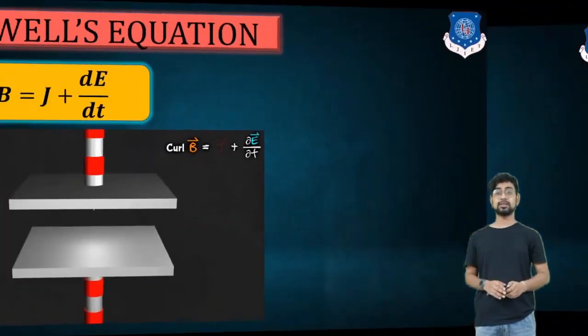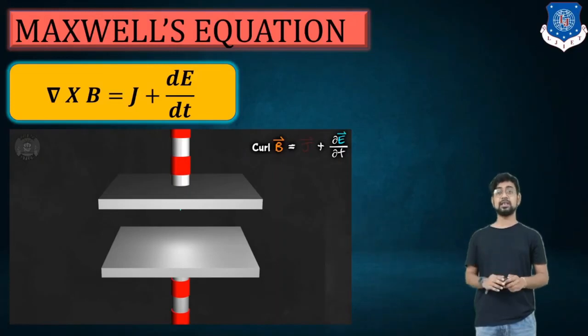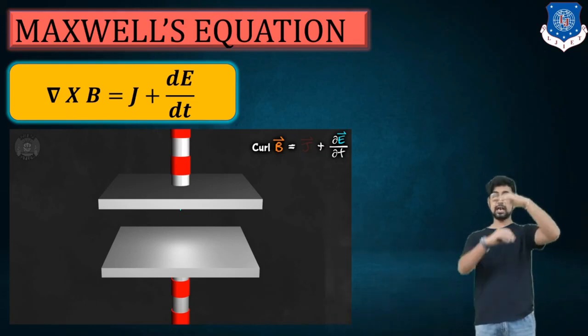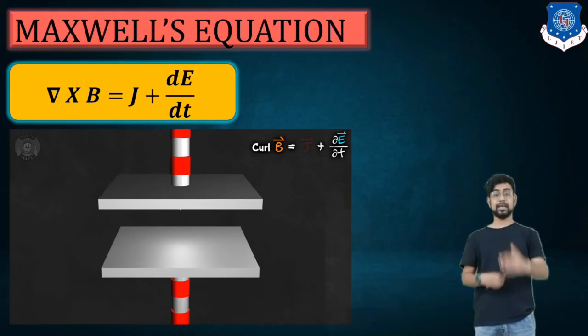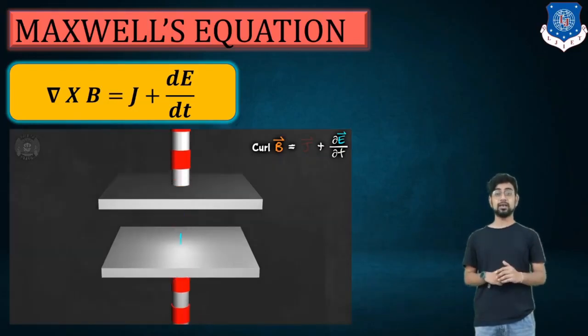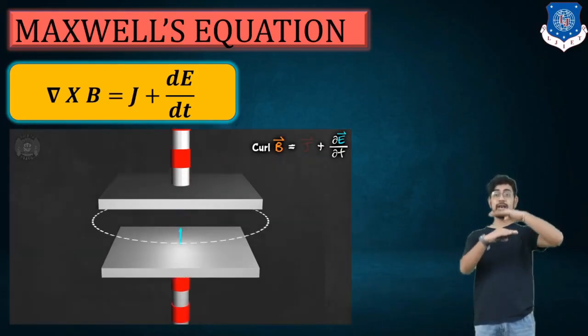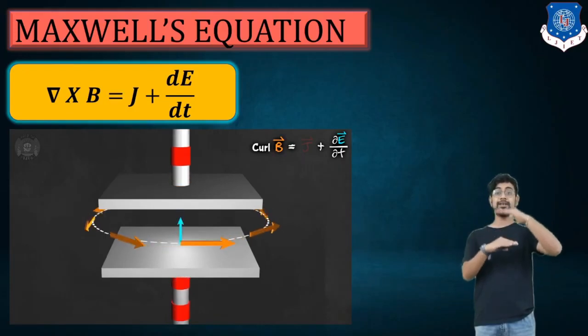Now in the second context, we take the second term, the rate of change of the electric field flux line. When we take that into consideration, we imagine that in the conductor we now have two parallel plates. What will happen? The current flowing will now be alternating in nature.